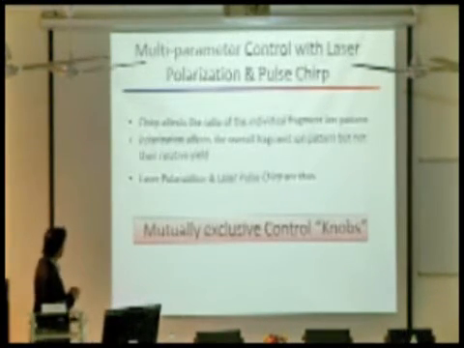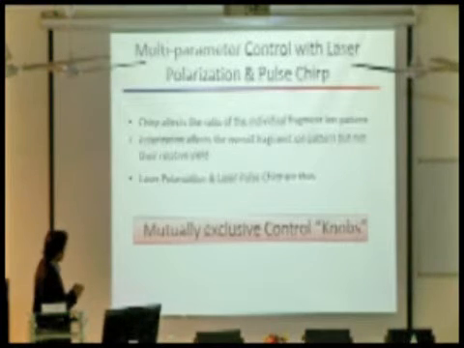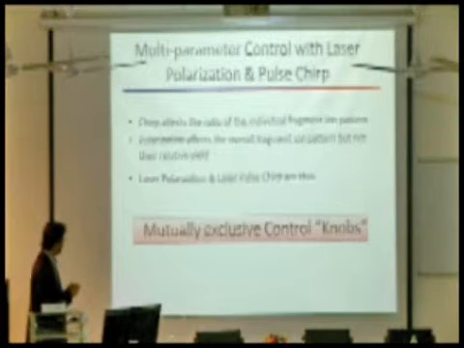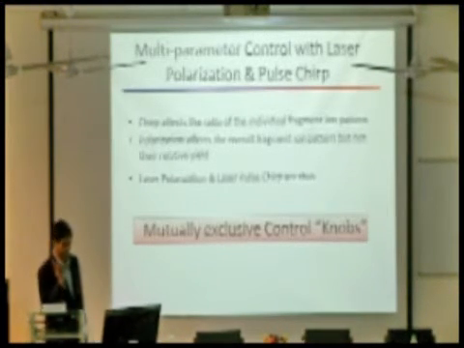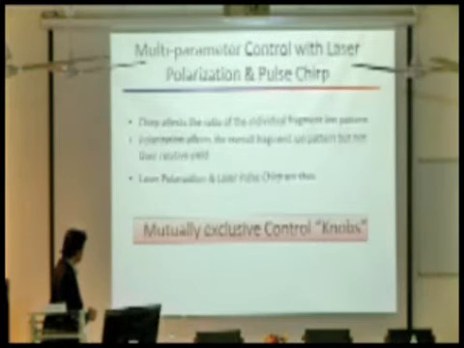So chirp affects the ratio of the individual fragment ion pattern, whereas the polarization affects only the overall fragment ion pattern but not their relative yield. So the relative yield is untouched by the polarization. That's why you could use these two directly and simultaneously.